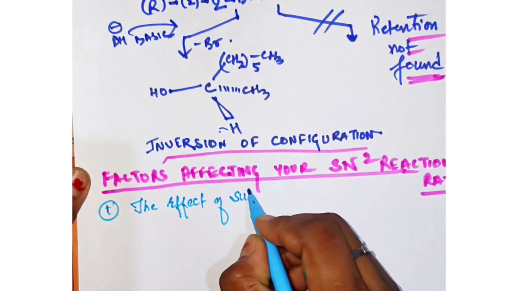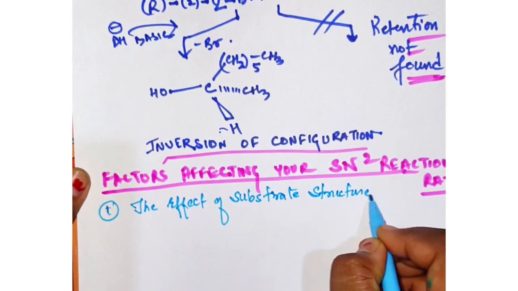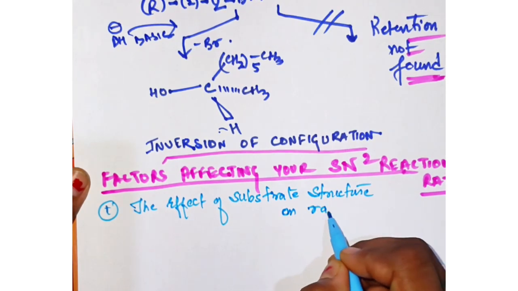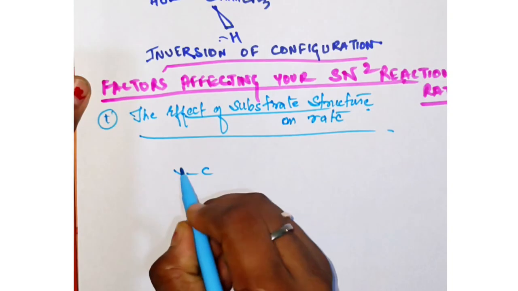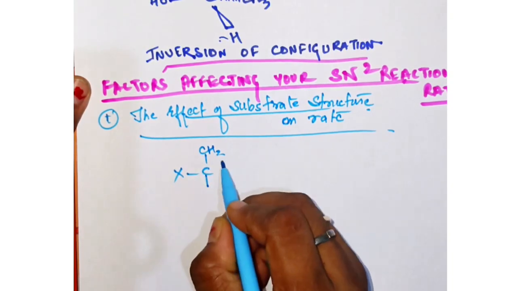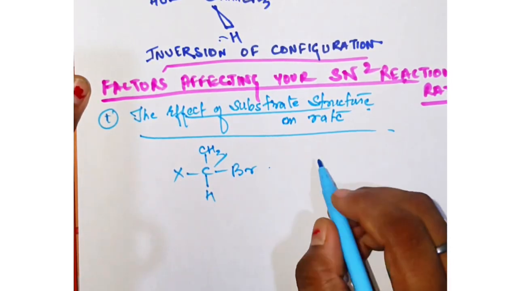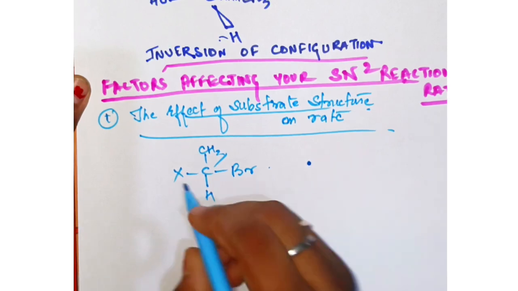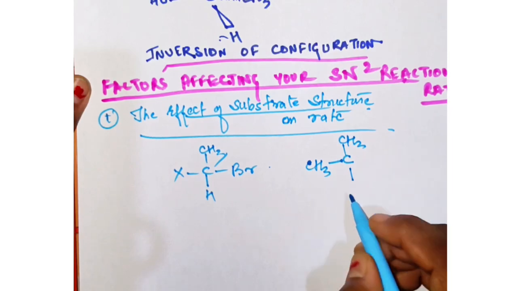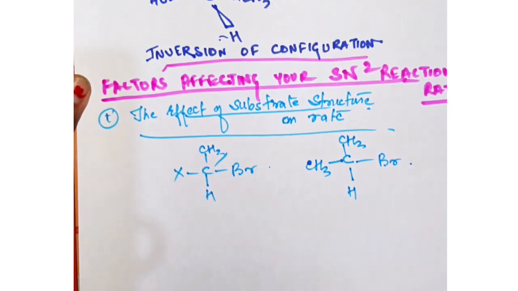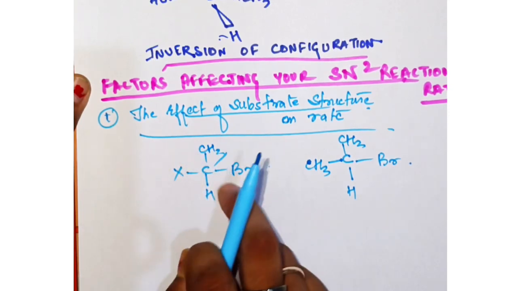It means that suppose you have a molecule like this, or you have a molecule like this, which one will go for the reaction more easily? The rate depends on the structure.